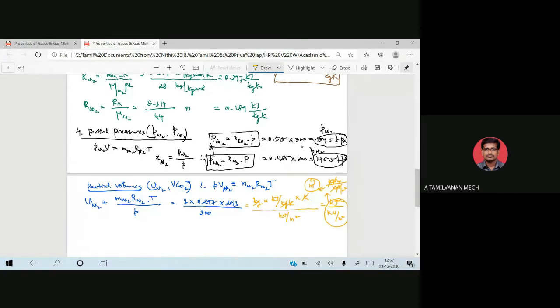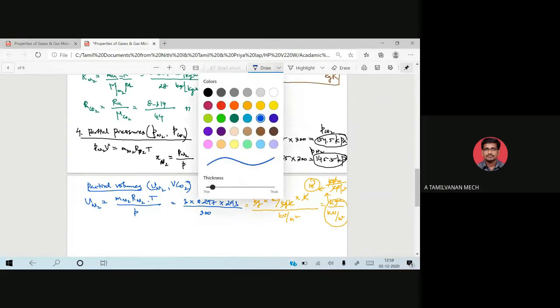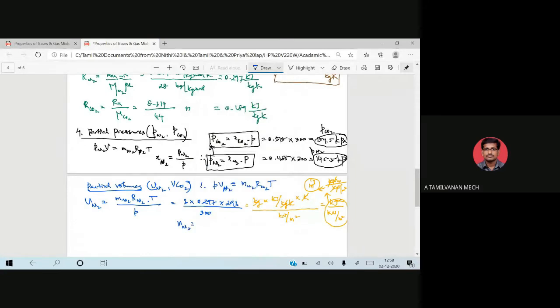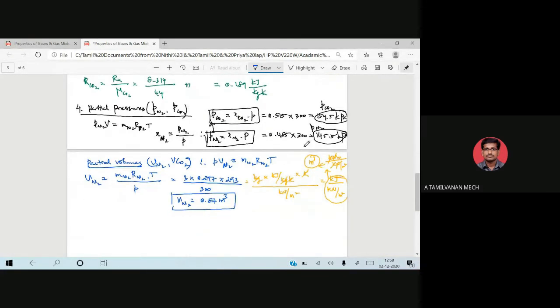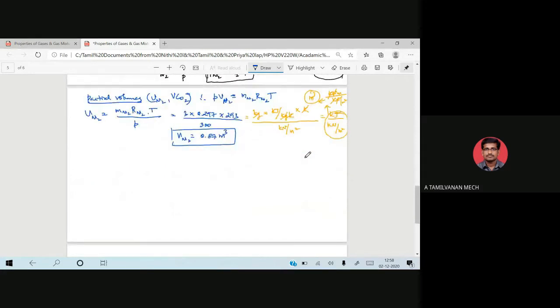So here, after substituting the values, you get the volume of N2, that is V of N2 is equal to 0.87 meter cube. Similarly for V of CO2, the same formula: M of CO2 into R of CO2 into temperature divided by pressure.